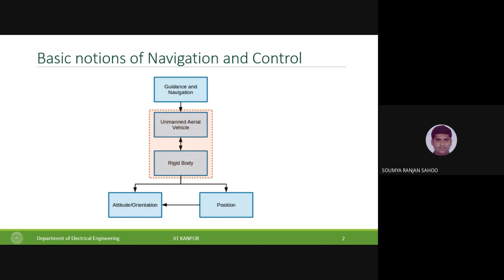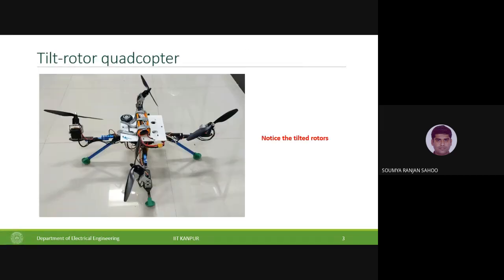So there has to be some change in the actuation so that you can decouple the attitude and position. That is what we'll see, and this is a popular design that people have been working on. This is the quad that we are currently flying with the change.